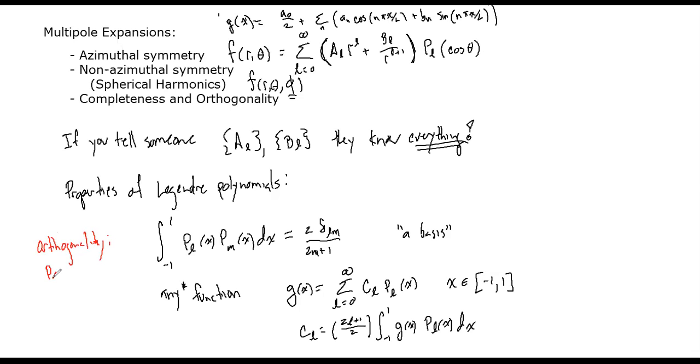And that's essentially that P_l and P_m don't overlap. And this property is completeness, that we can represent any function.